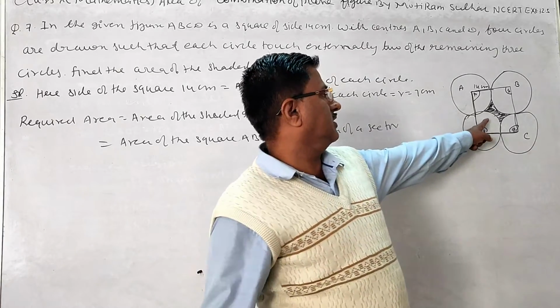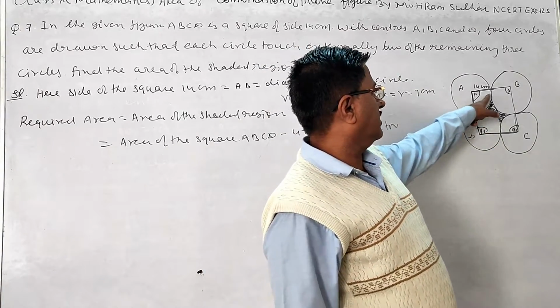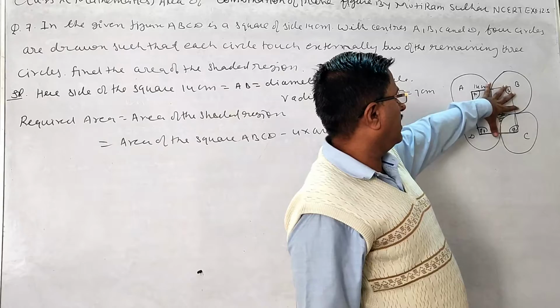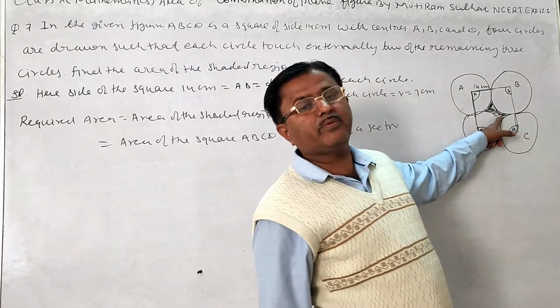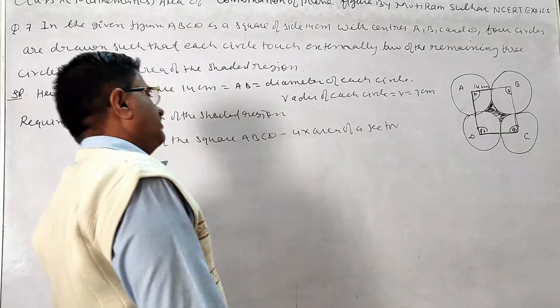One sector, this sector, this sector, this sector, 4. So area of the square minus 4 sectors. So that leaves only the shaded portion.